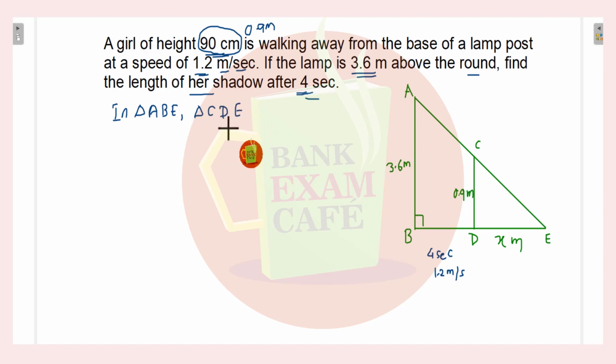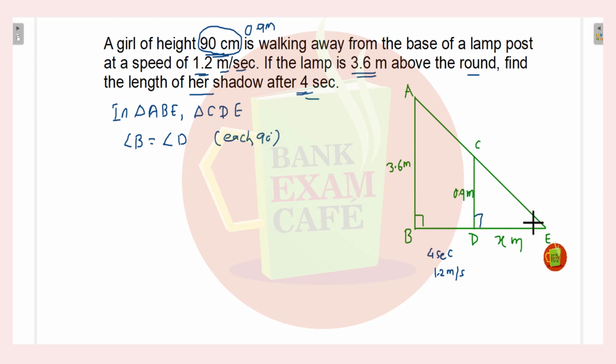In this triangle CDE, we can prove these two triangles are similar because angle B and angle D are equal, because each is 90 degree.